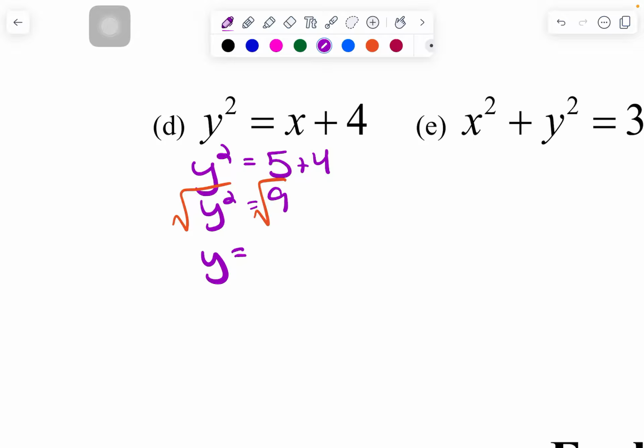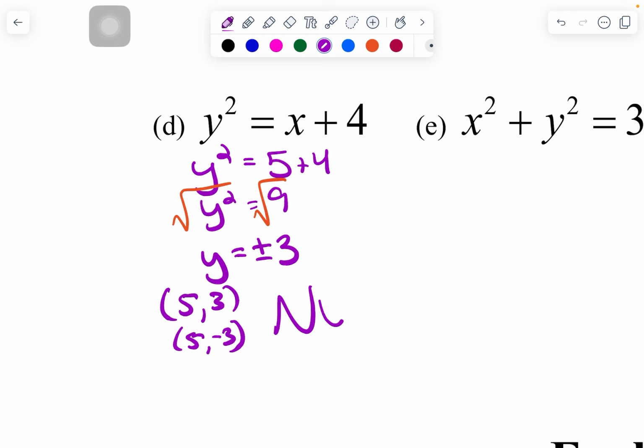When we put a square root into a problem, we have to include a plus minus. The square root of 9 is 3. So here's the problem. I put one value in for x, but I'm actually getting back two values for y. So as ordered pairs, this would be 5, 3 and 5, -3. So part D, is this a function? A big old no, that is not a function.